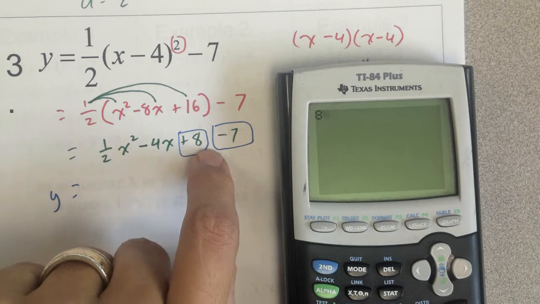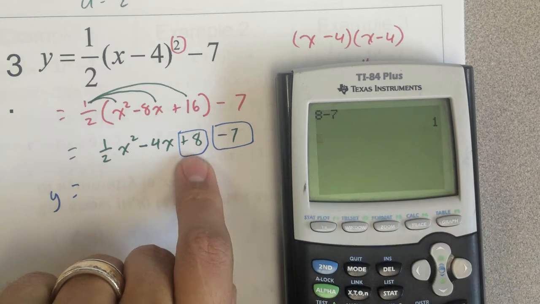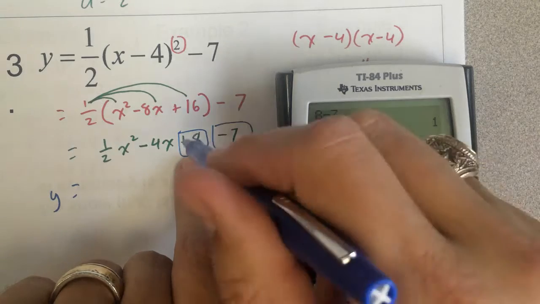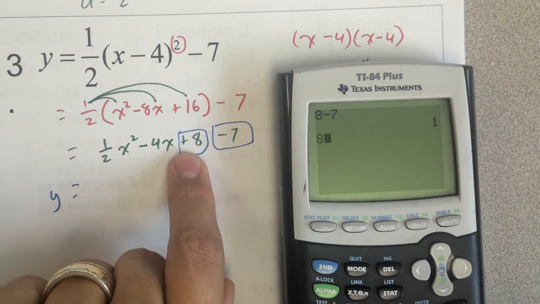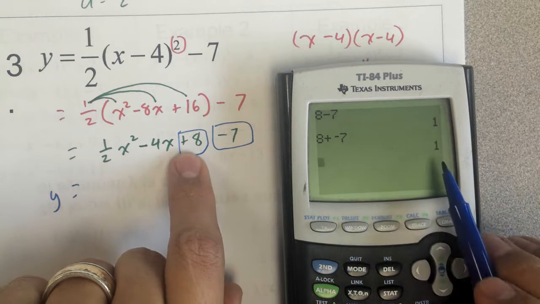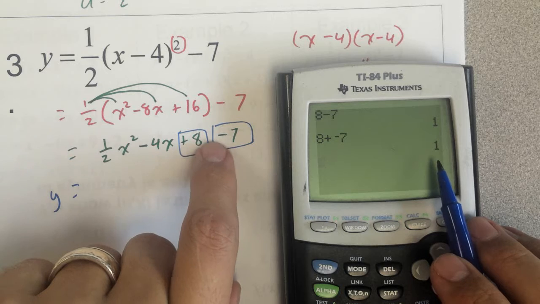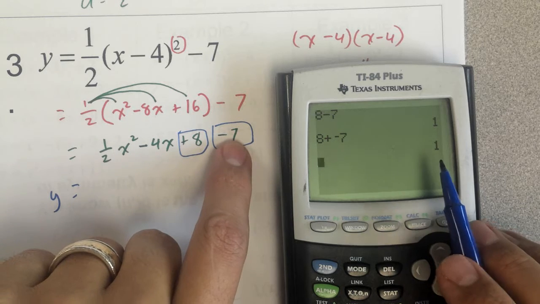My first way is 8, and I can do 8 minus 7. That's what I see. I could also say I'm adding these two together. I have 8 plus -7 also gets me the same answer. Please do not do 8 minus -7. It will not be the same.